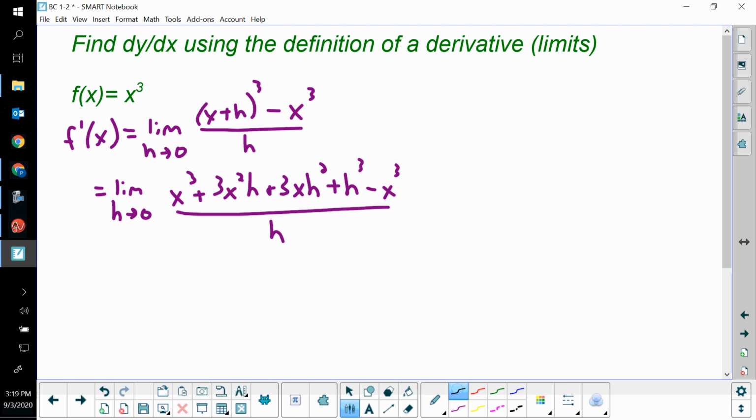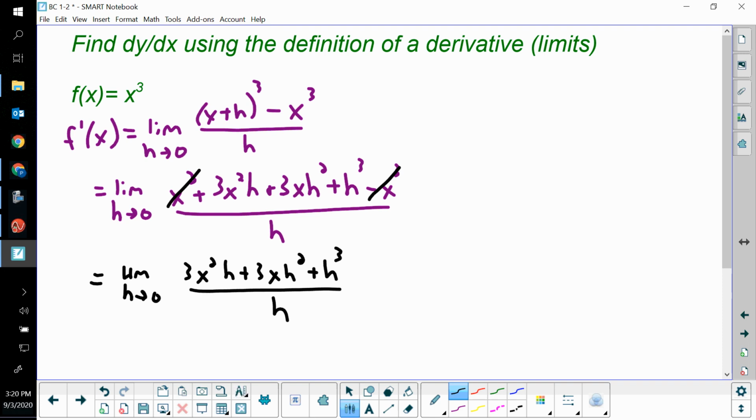If you did it correctly, everything that doesn't have an h should add to 0. So those add to 0. And divide those all by h.